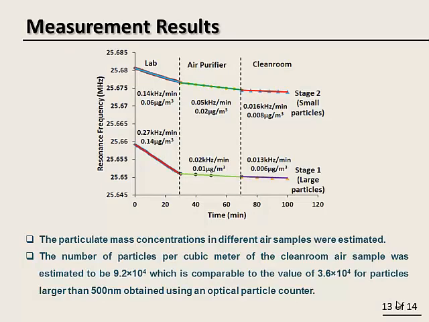The measurement results show that the air purifier is almost as effective as the clean room filter in filtering large size particles. However, the air purifier is not as effective for collecting and filtering smaller particles, because the mass concentration of the air sample for the second stage is not as small as expected.